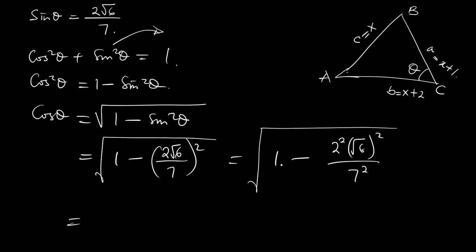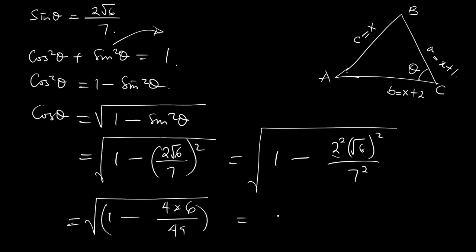So now you have 1 minus 4 times 6 divided by 49, all square root. So now we have 1 minus 24 divided by 49.